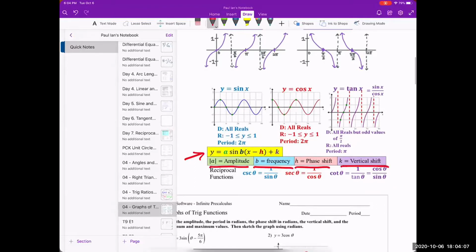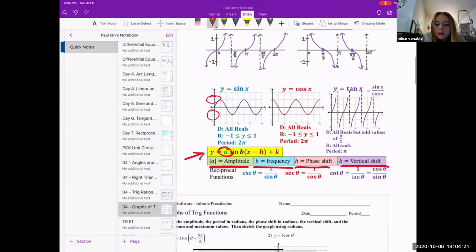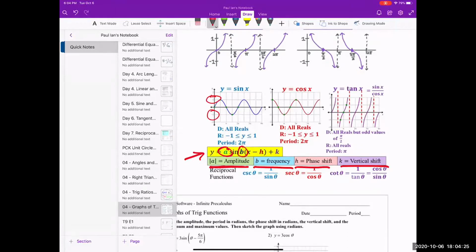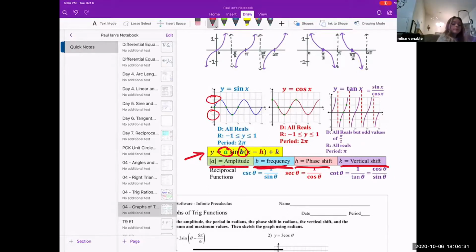Anything in front of the trig function is the amplitude. So how does your graph transform if you have this amplitude? It's just this, right? And if you have this constant b inside your parentheses, it's your frequency that's going to change.